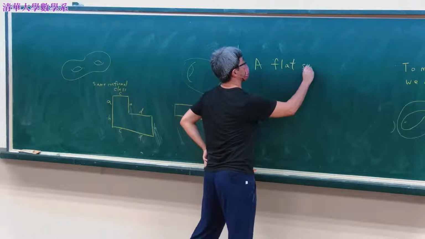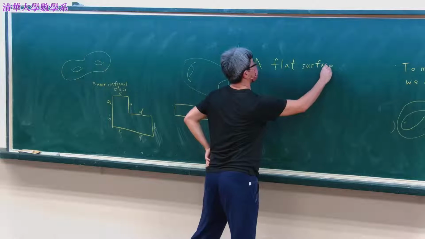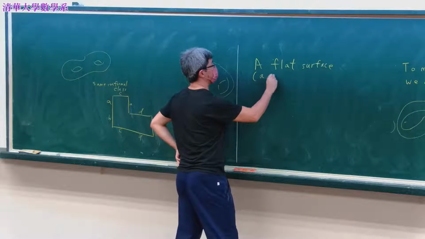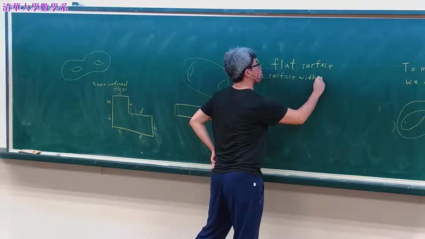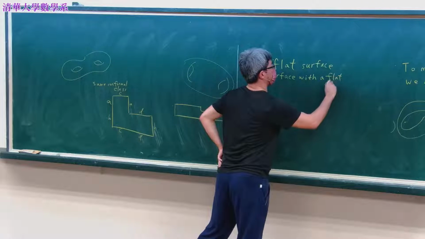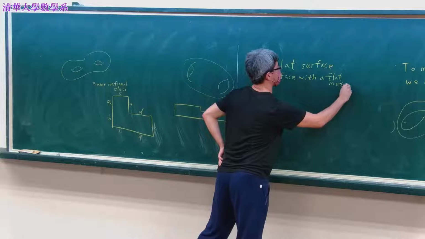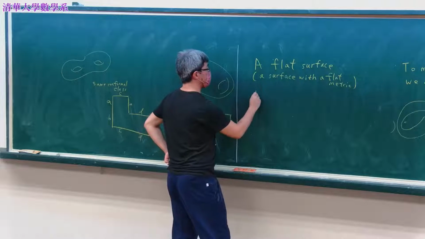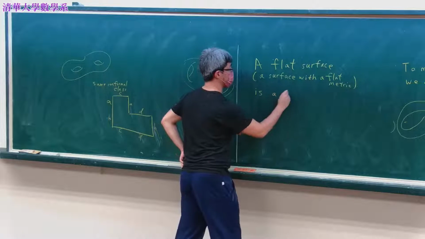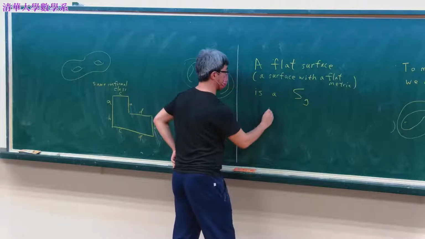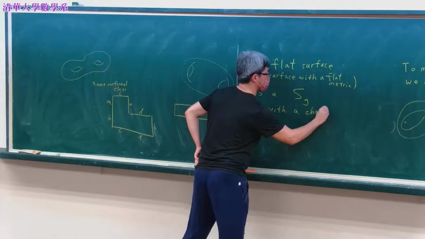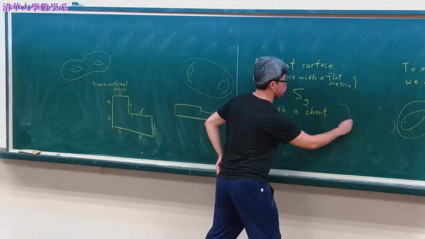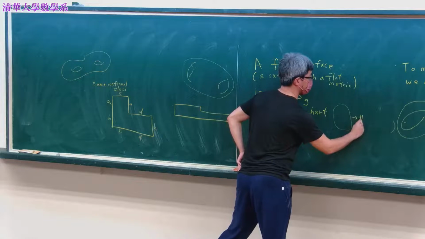A flat surface, or a surface with a flat metric, is a surface with a chart, and then each piece of the chart is mapped to R2.